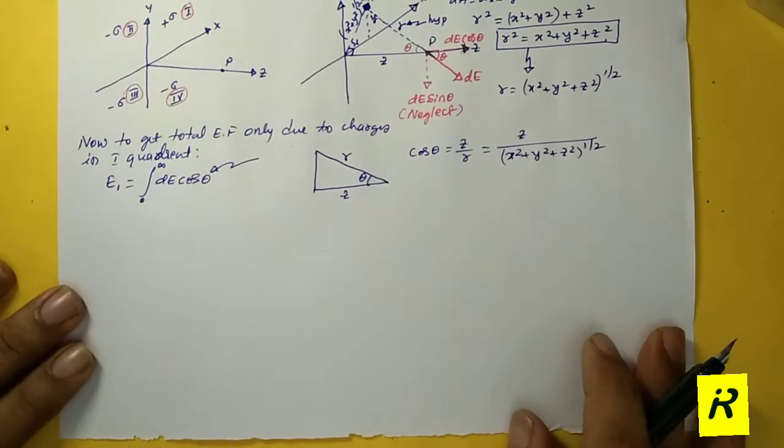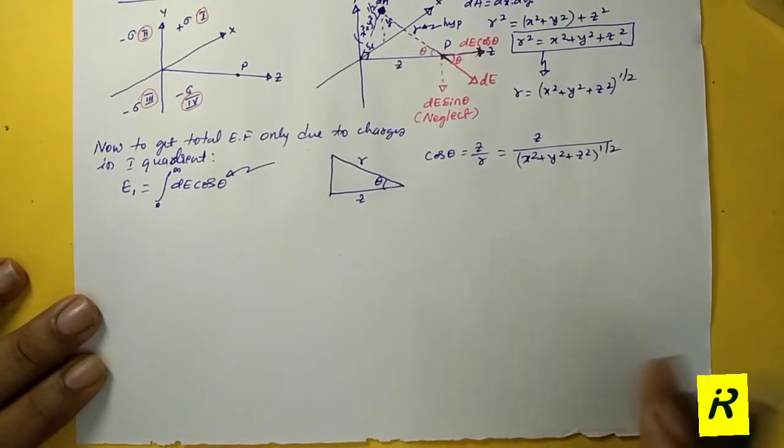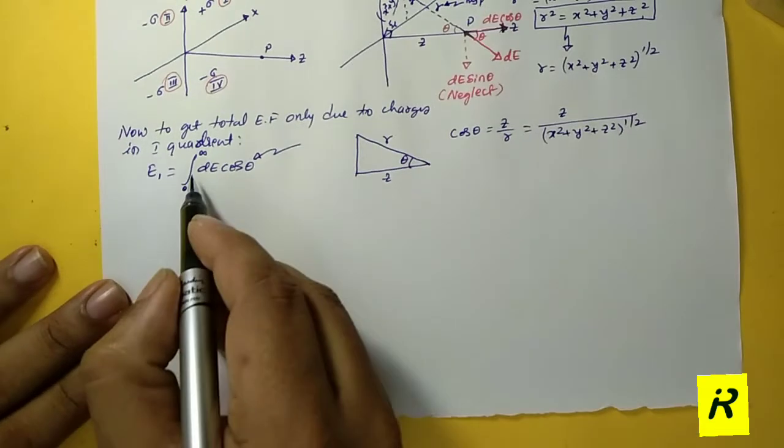This is cos theta. And now I put further things in dE.